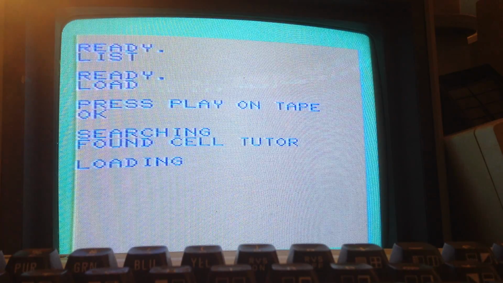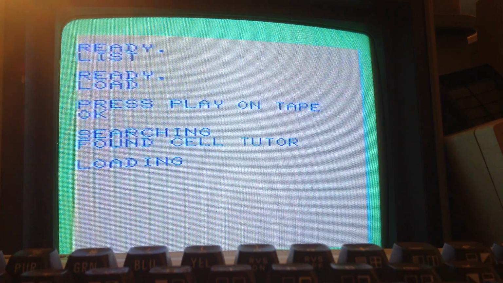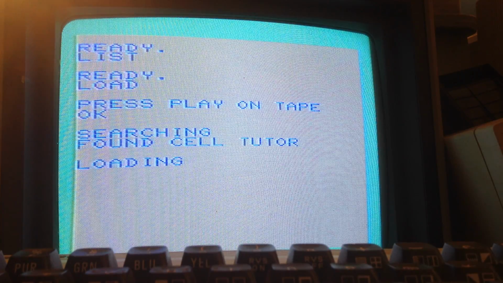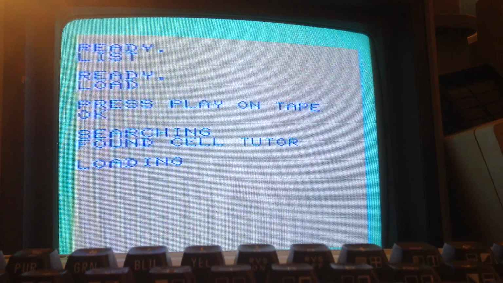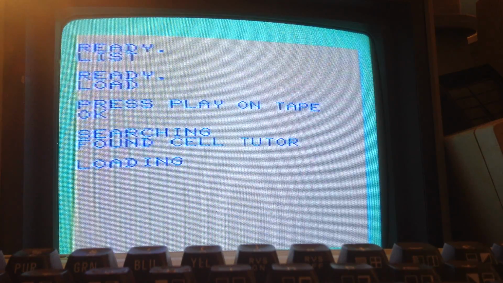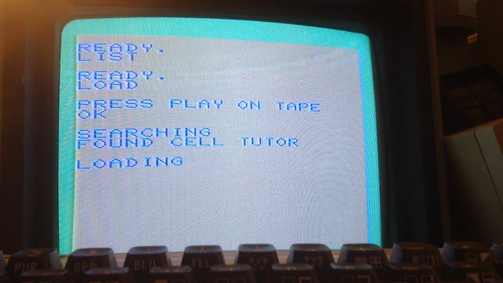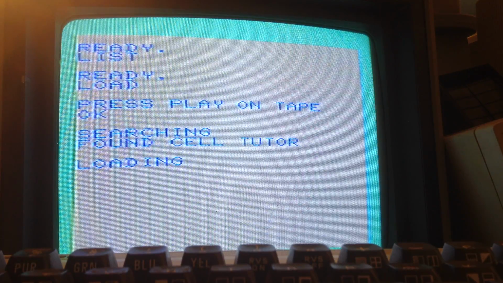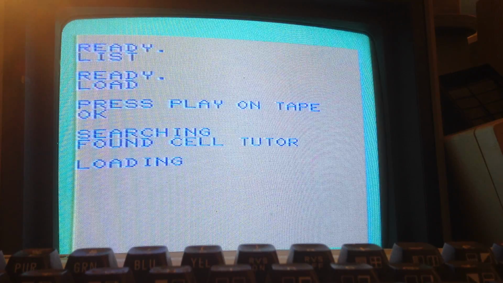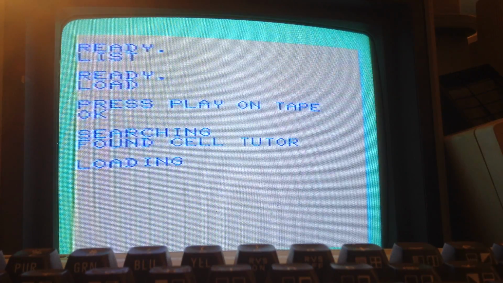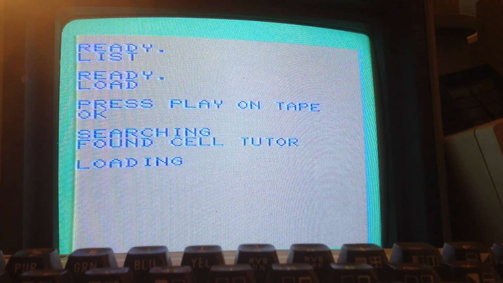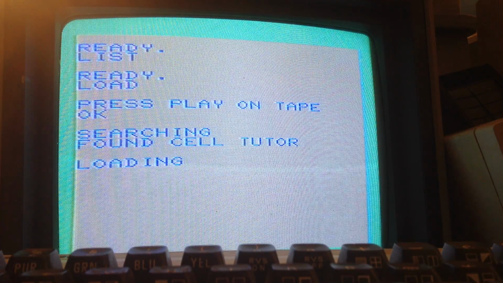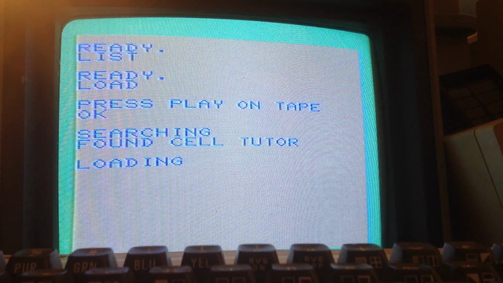This one is Cell Tutorial. But it is still loading, so we'll just give it a chance here. Hopefully something is different, that it will actually load and work. And if not, we will move on. I think it's taking a little longer this time. Hopefully that is a good sign.